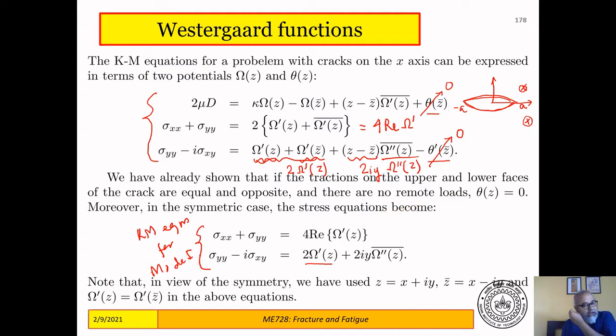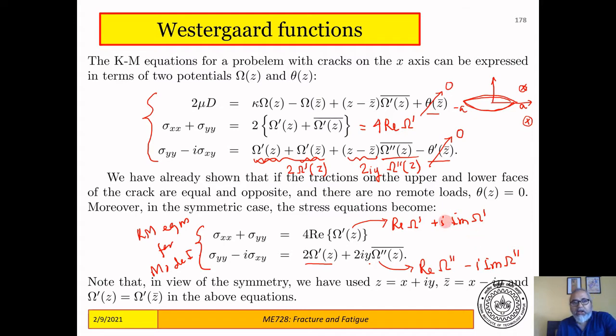So now once we have these Km equations for mode 1, we can actually break this up. We can just write it as a complex number. We can write it as real of omega prime plus I imaginary of omega prime. We can write this as real of omega double prime minus I imaginary omega double prime.